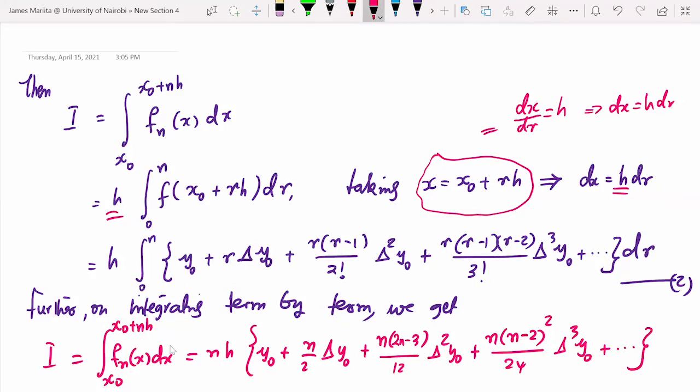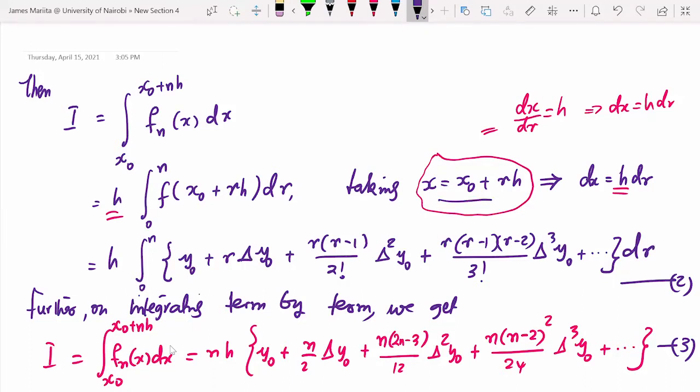Let's call this equation 3. This is how we are approximating the integral at that point.